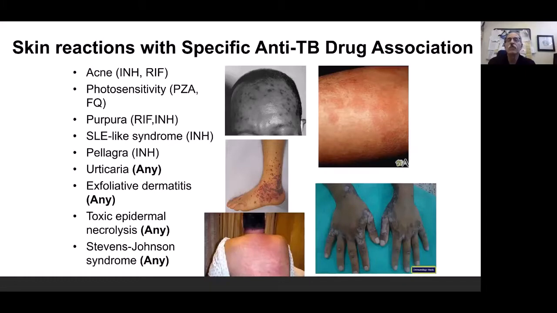We do see purpura from some drugs, lupus-like syndromes, and then there are a few other uncommon ones like pellagra that is seen with isoniazid, but then exfoliative dermatitis and toxic epidermal necrolysis and Stevens-Johnson syndrome. The severe ones, as well as urticaria, can be caused by any of our anti-tuberculous medications.